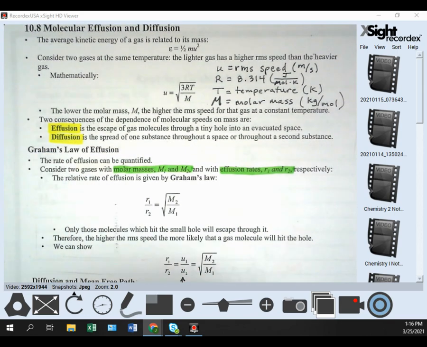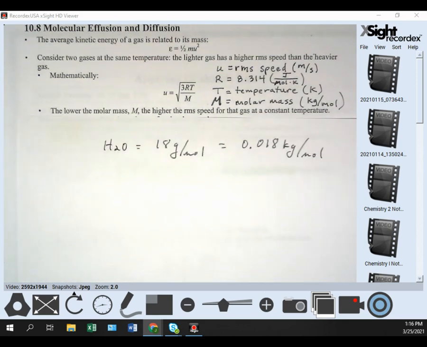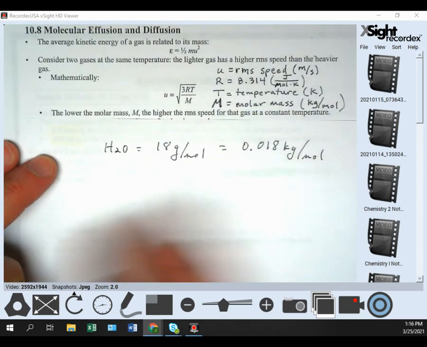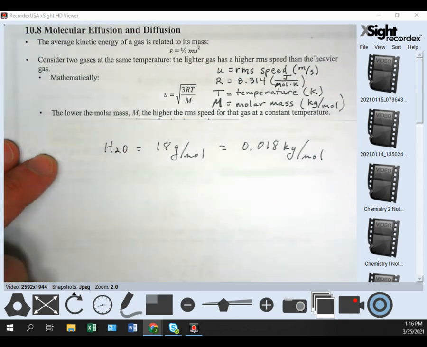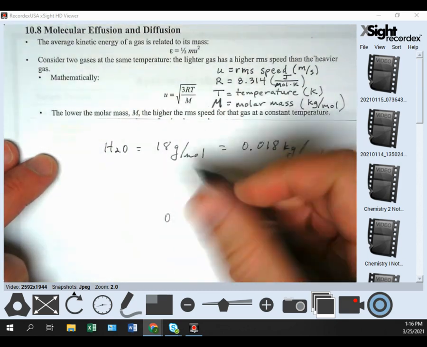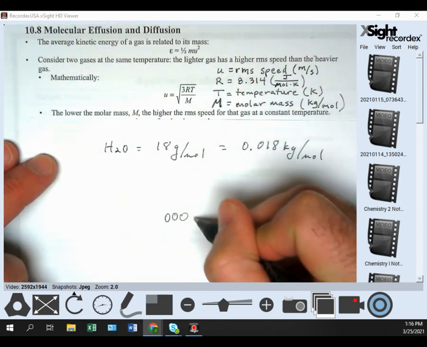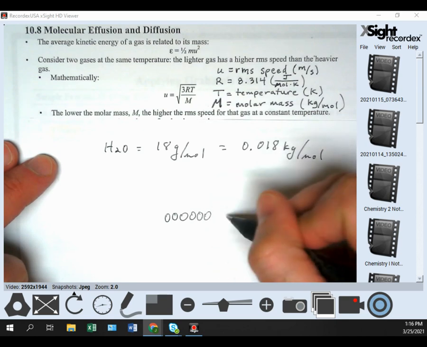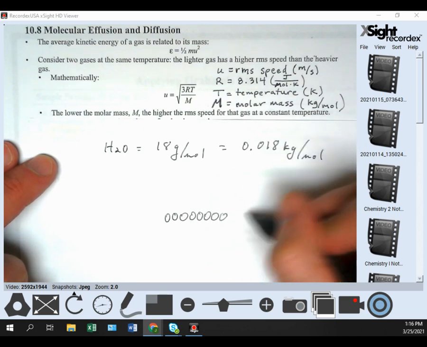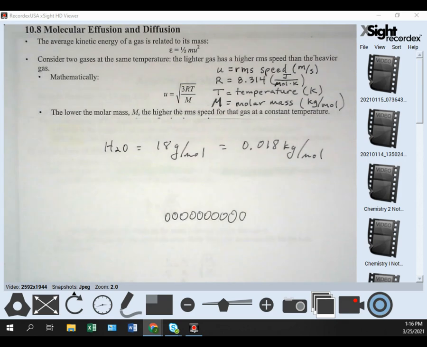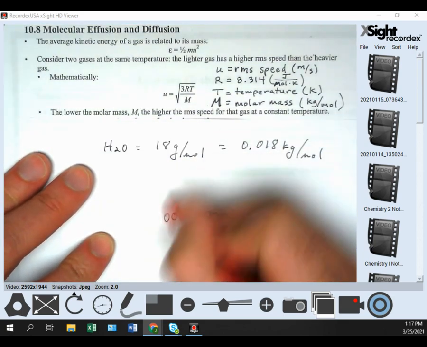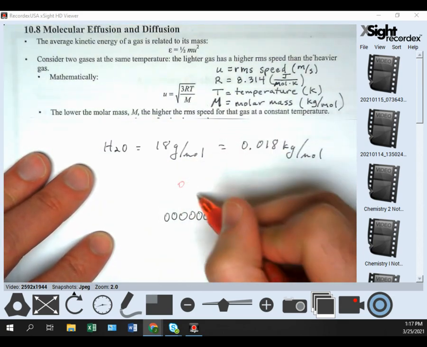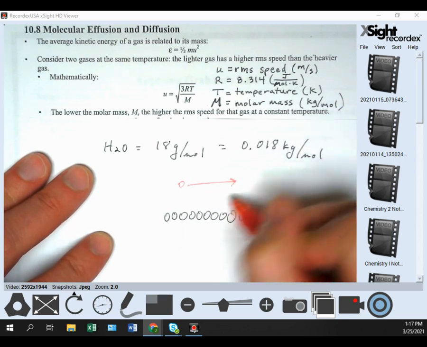Essentially what happens in effusion is you get your solid, like the balloon, and you get air molecules, or some other gas, inside that are moving around, right?